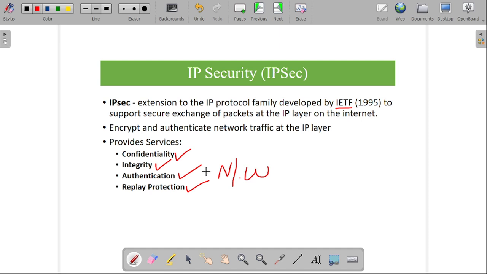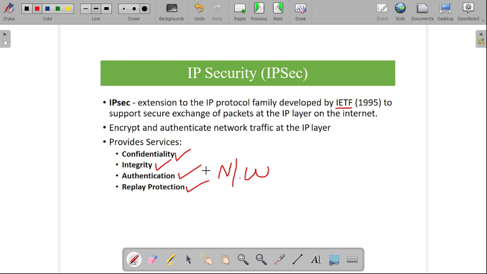Integrity means that whenever we transfer data from sender to receiver, the data cannot be tampered with by an unauthorized party. In authentication, whenever the sender transfers any information, their identity can be verified, and when the receiver receives the information, the receiver's identity can also be verified.